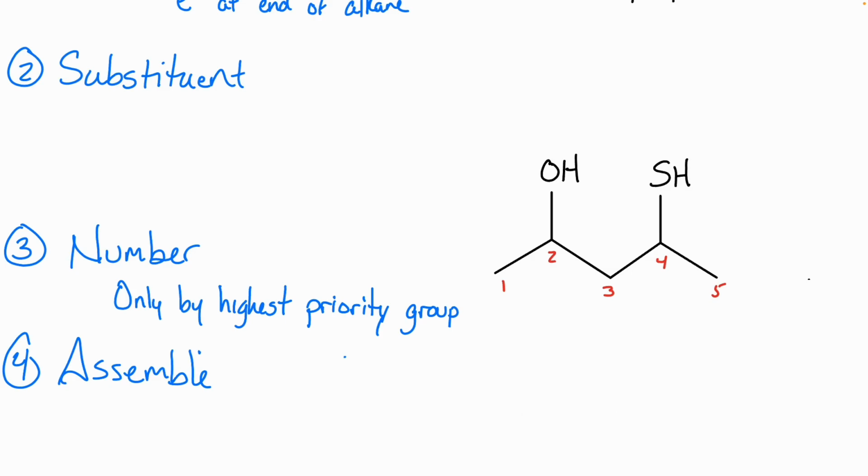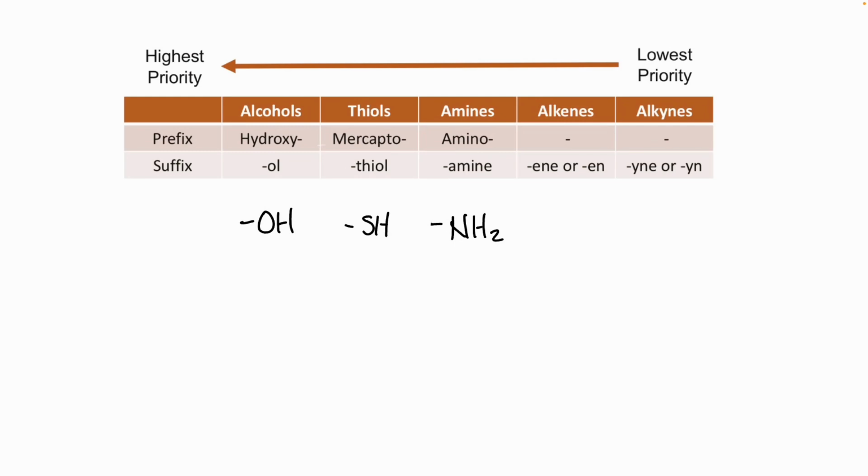All right, now the other twist, the big twist, is the fact that each of these functional groups, not only do they have the suffix, which we learned about, ol for alcohols, thiol for thiols. We haven't talked about it, but amines are amine. They have these suffixes that we use to refer to them, but they also have these prefixes associated with them.